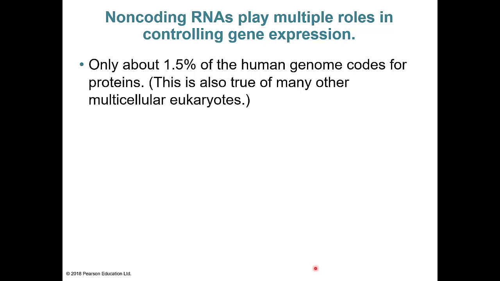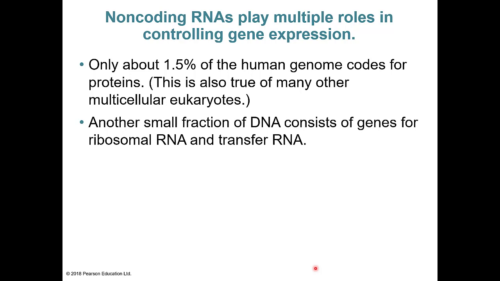We are looking into that, and sometimes that area is called the dark matter of DNA because we're not sure exactly what it's doing. But it's not coding for particular proteins. The idea is that those non-coding RNAs and those non-coding sections of DNA might also be functioning in gene expression and the control of gene expression.